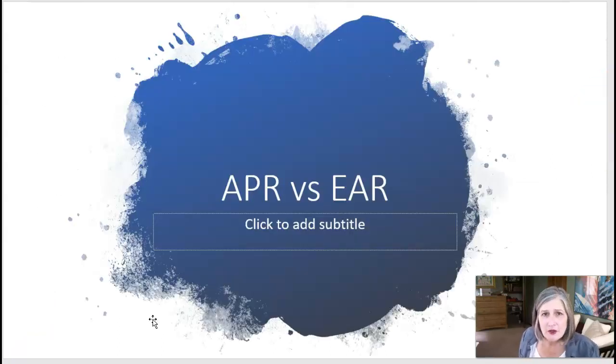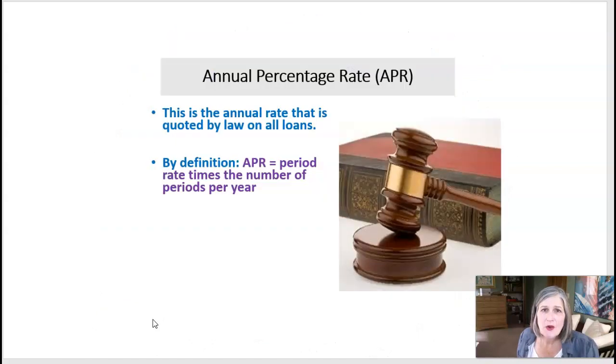So in this lecture, I'm primarily going to talk about APRs and EARs. An APR, annual percentage rate, is what is quoted by law. If you look at your credit card statements, or your auto loans or your home loans, they're going to quote an annual percentage rate. By definition, the period rate is the annual percentage rate divided by the number of periods that they compound that rate.